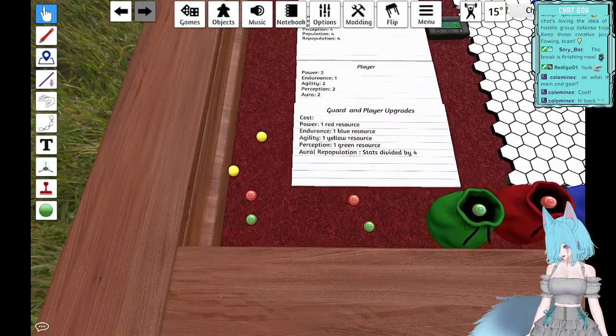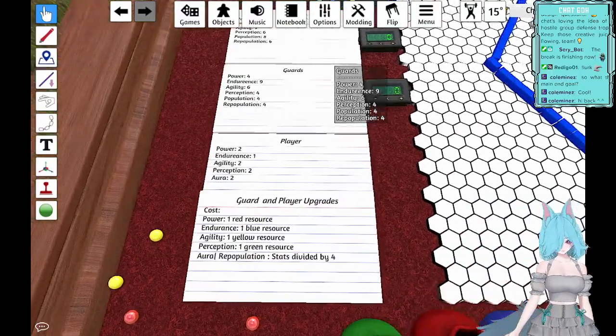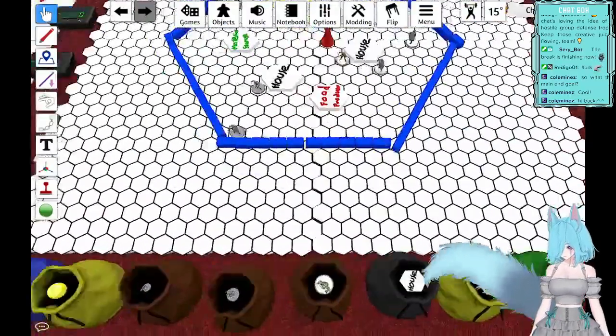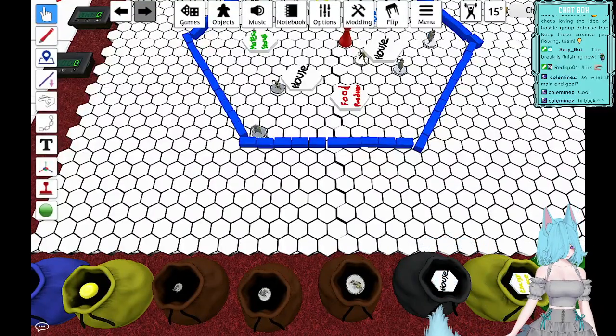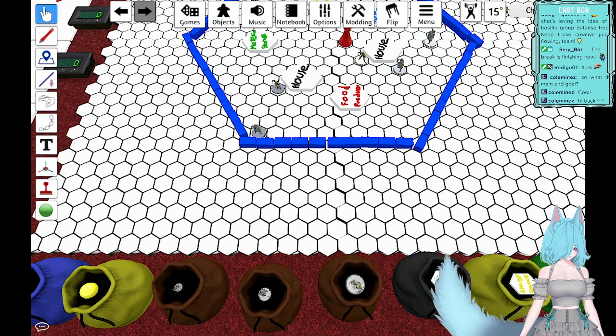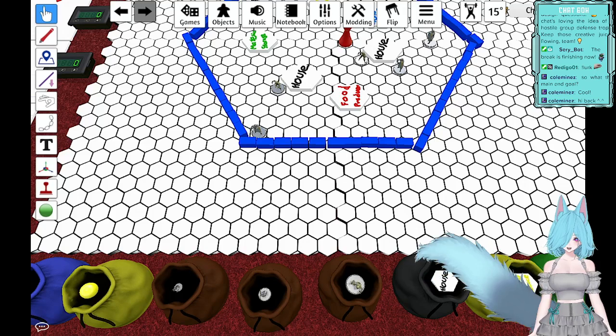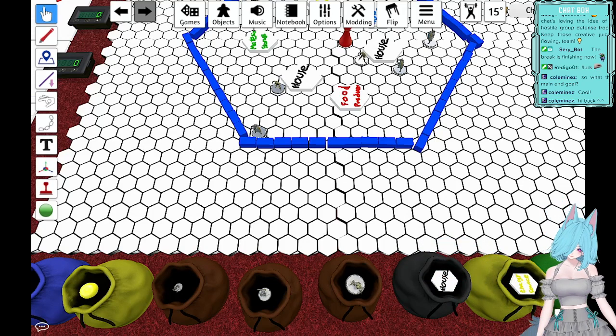So, let me also look into my file here, because I haven't actually put the notes for the buildings.